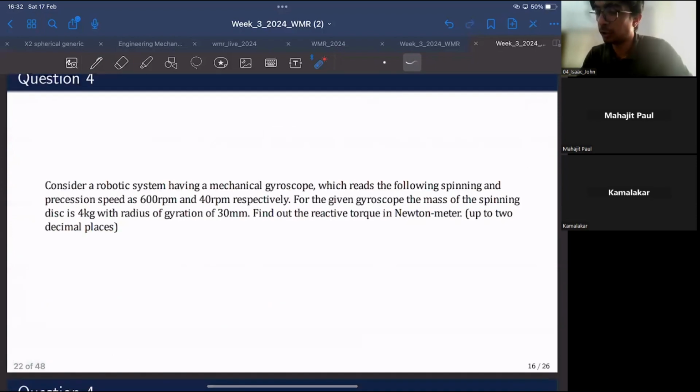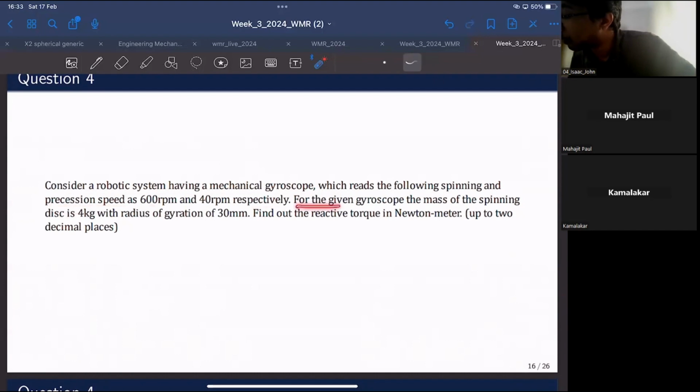Okay, so this is more or less a numerical question. It's about the gyroscope, and in the lectures on gyroscopes, these sorts of formulations are also given. It says, consider a robotic system having a mechanical gyroscope which reads the following spinning and precession speeds as 600 RPM and 40 RPM respectively.